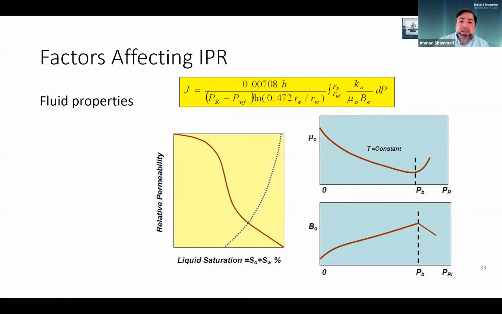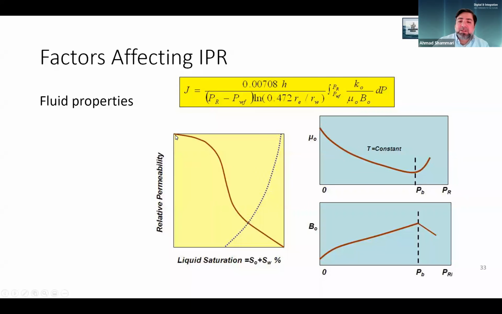Now, anybody would think, and this is of course obvious, that by changing the fluid phase ratio, meaning if I have water, let's say 50% of the produced hydrocarbon is water, then I need to adjust this term. And that's why we have the relative permeability curve that will be taken into consideration.